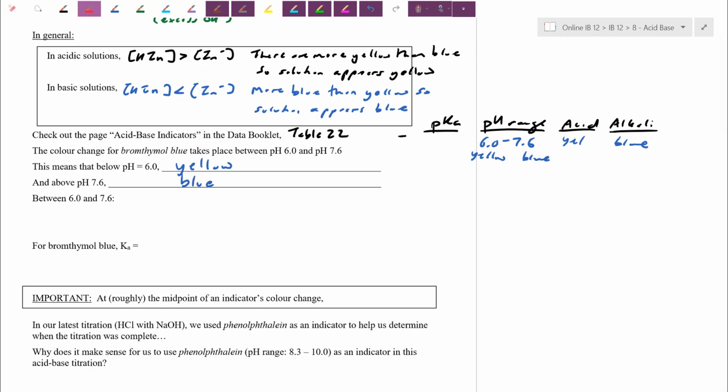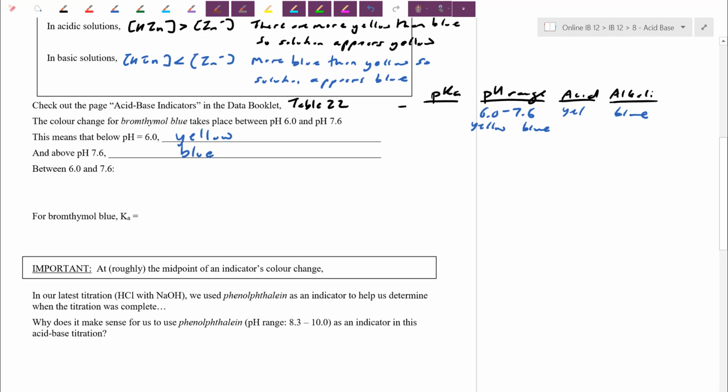Realistically, over the course of this pH range, it'll gradually change color. Just for simplicity, though, I know it's still a logarithmic scale and it's not perfect, if I chop this interval in 2, let's just take the average of those numbers, 6.8. Let's just simplify things, and let's just say, even though yellow just gradually converts itself over to blue, it's yellow all the way up to 6.79. When it hits 6.8, it ends up hitting this color change point. Anything above 6.8, 6.81, is already blue.